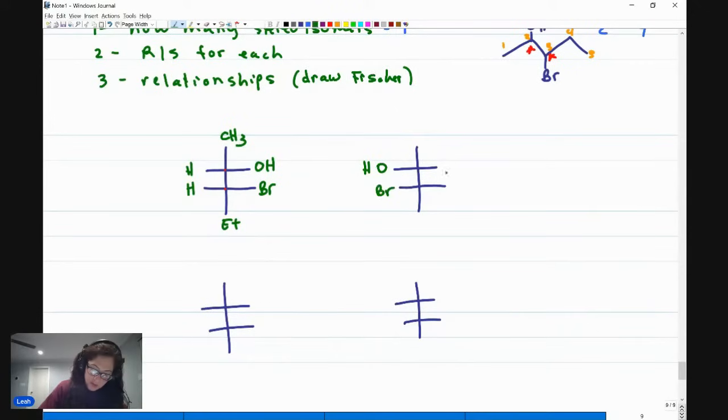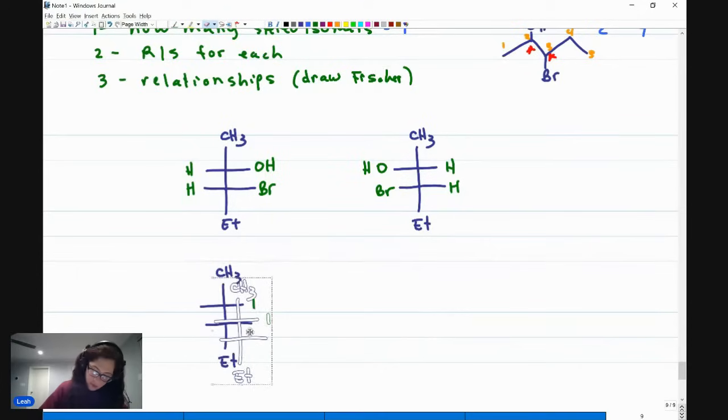So OH, Br, H, H, and that's a CH3, and that's an ethyl. Let's keep the carbon chain like this so it doesn't distract. Not sure what I was trying to do there. I was trying to do that. Okay, so there we go. That's a much better way to turn off the brain. So we'll do this.